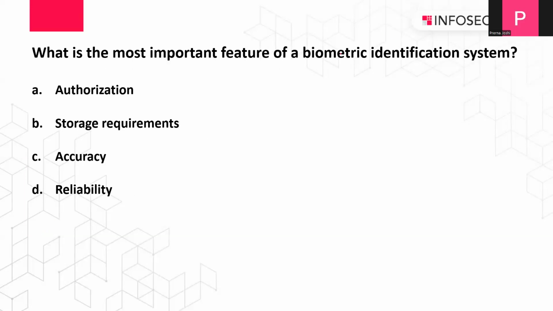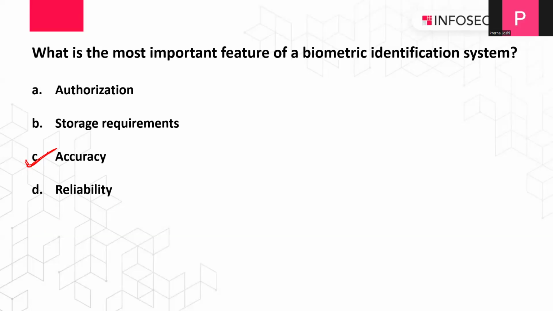This next question says, what is the most important feature of a biometric identification system? Among authorization, storage requirement, accuracy, and reliability: why do we use biometric identification? Because it is accurate. This is the most important feature of a biometric identification system, that is accuracy.